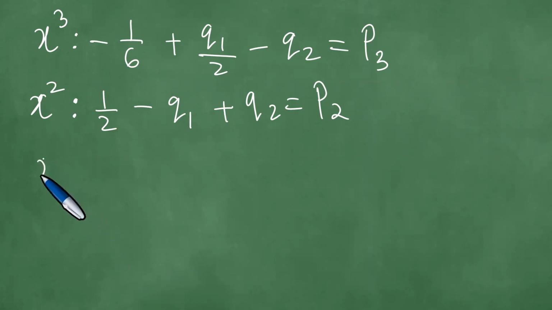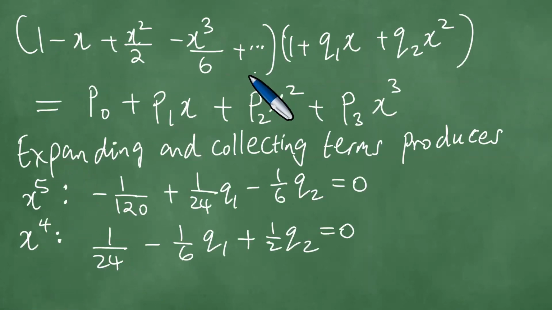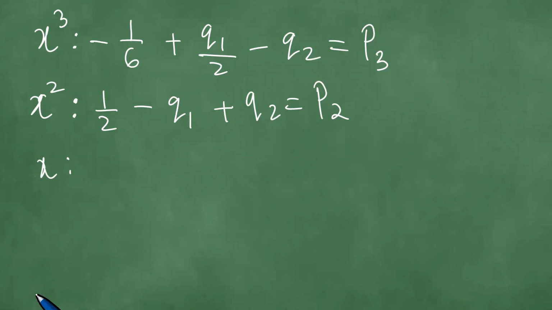And then there's going to be the linear one, x. For x is going to be 1 times minus x, so it's going to be minus 1 coefficient. Right.